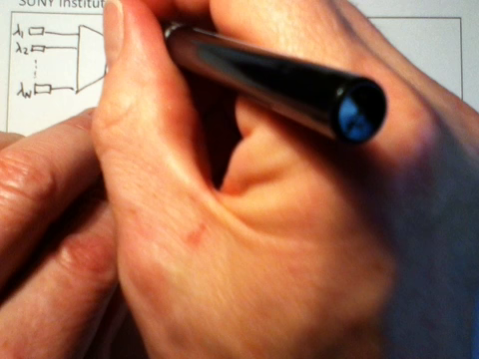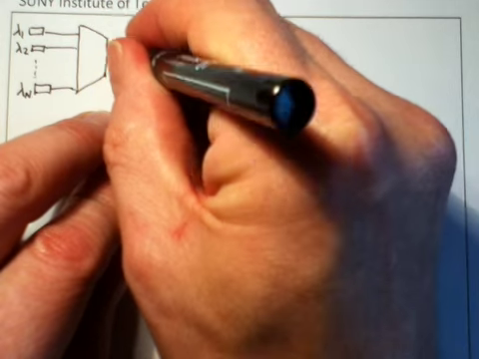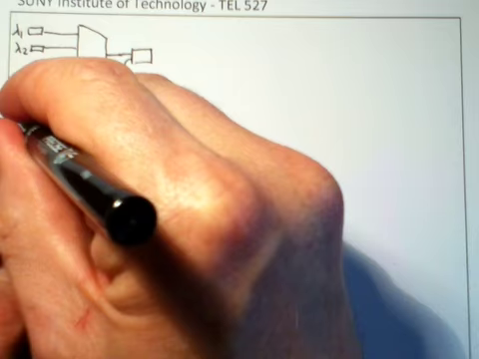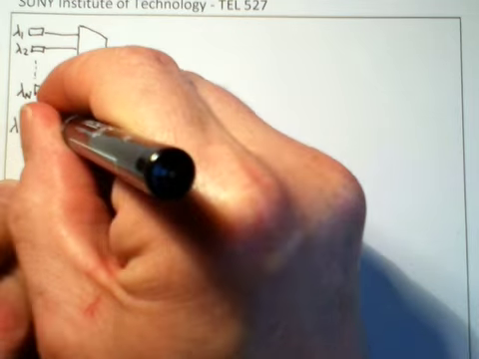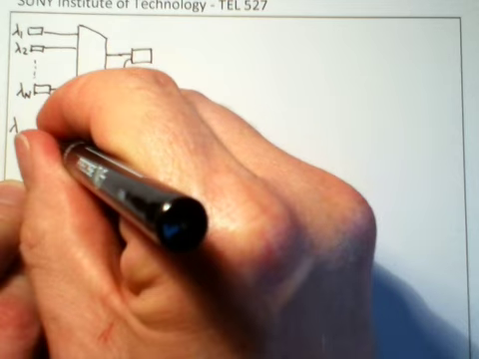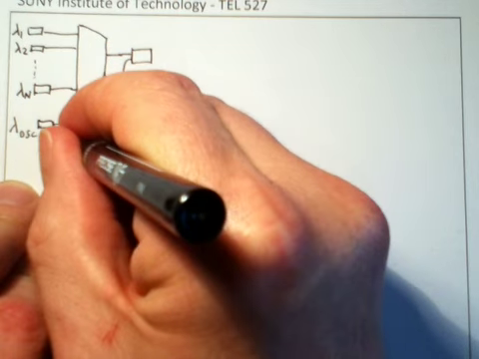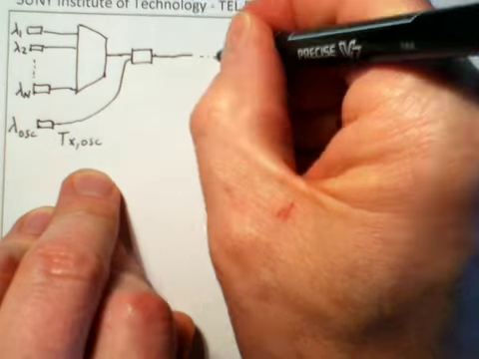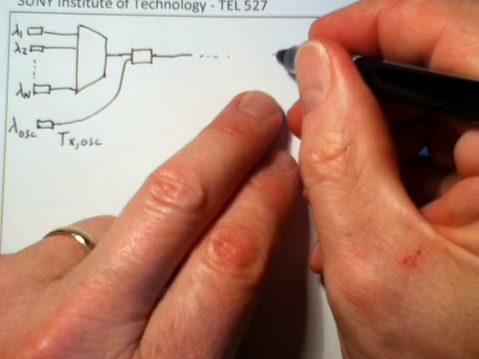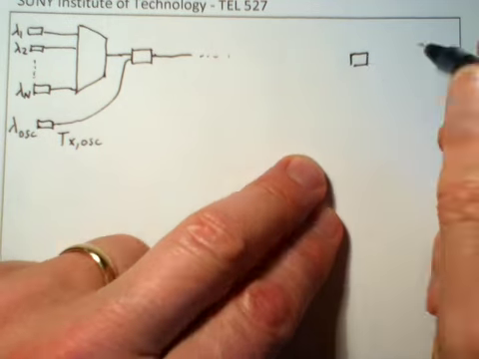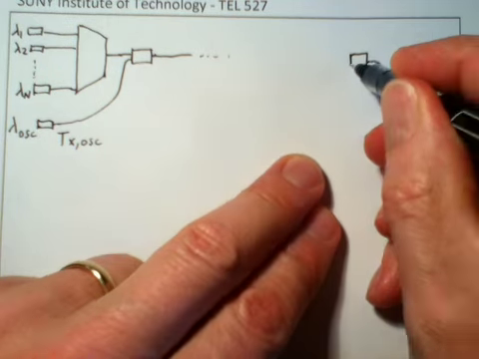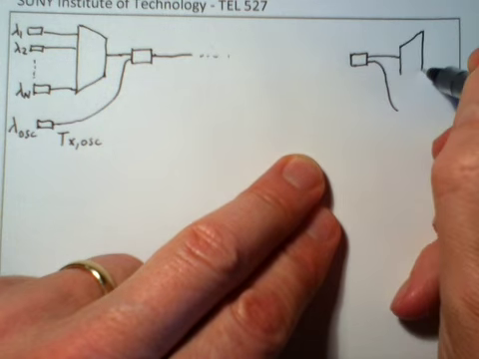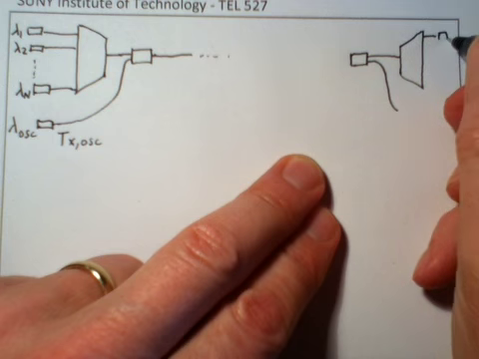What you can do then is at this point you can multiplex in an optical service channel, lambda OSC, and this is then your transmit of the OSC. Okay, and that can occur at the transmitter, and then correspondingly at the receive end you can separate out that lambda and send the rest of them to the optical demultiplexer to their various receivers.